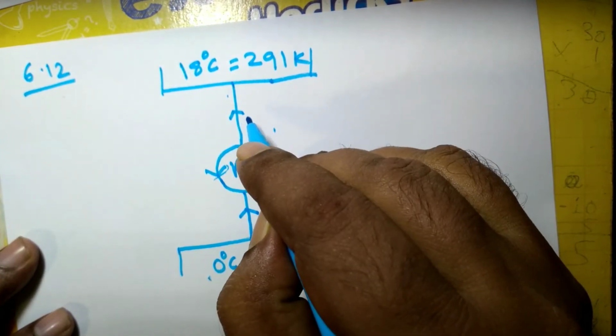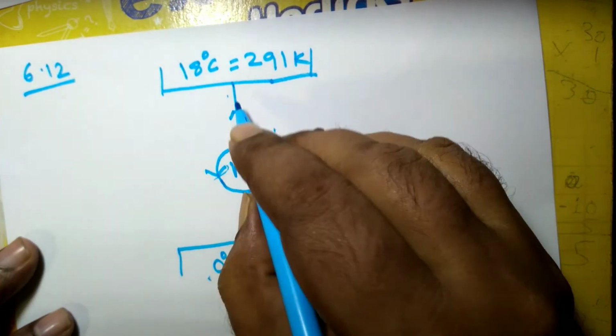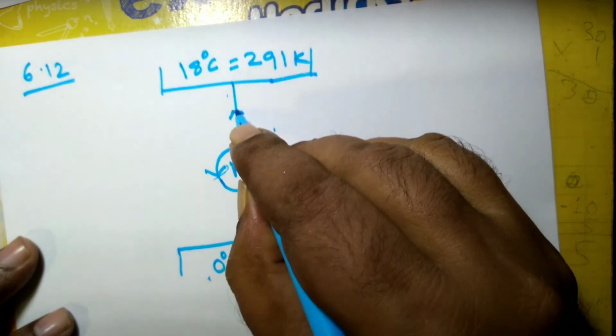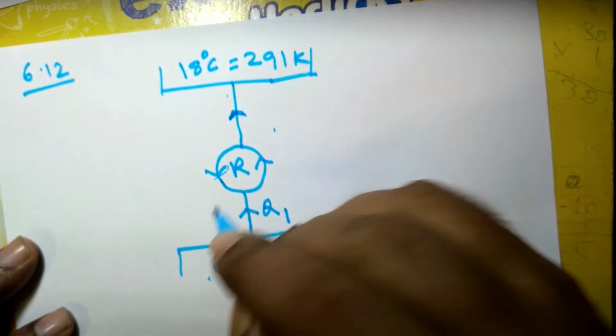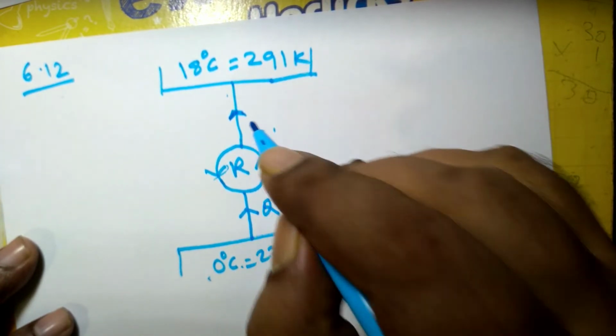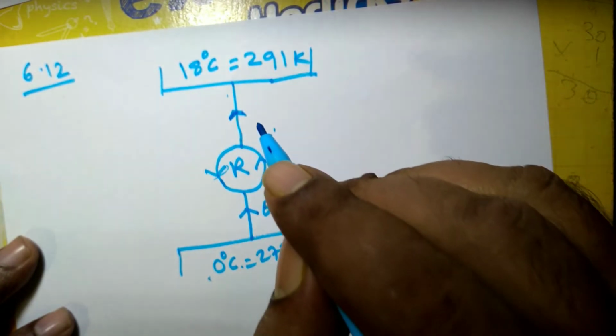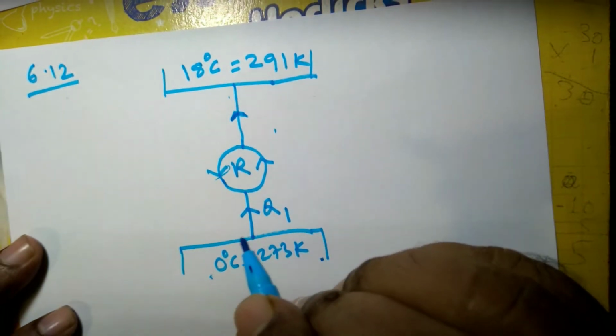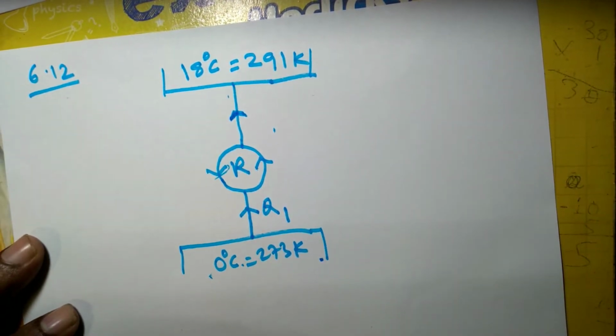The principle of refrigeration means a refrigerator is a device which continuously extracts heat from a low temperature space to a high temperature space to maintain the temperature of that space at a lower level than that of the surroundings, because no matter whatever insulation you put, there would be some leakage, and heat will always flow from a high temperature body to a low temperature body.